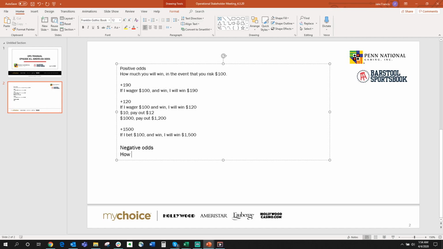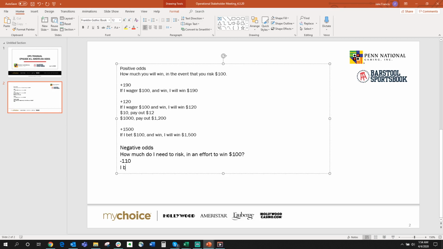So again, how much do I need to risk in an effort to win $100? Okay? So let's go over a few examples here. So the most common one that you'll more than likely see is an event with minus 110 odds. So again, this is how much you have to bet in order to win $100.